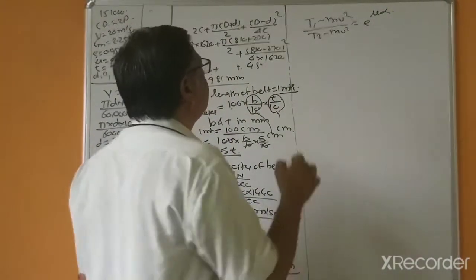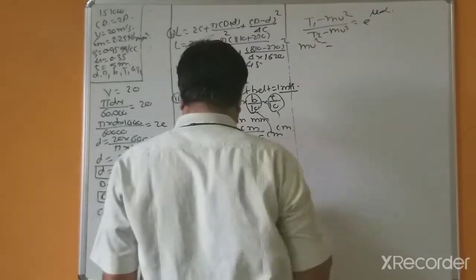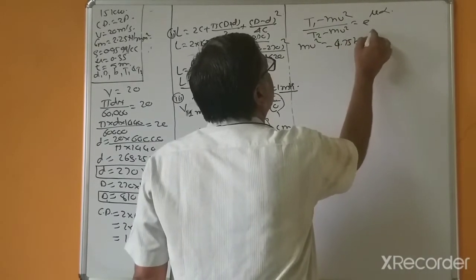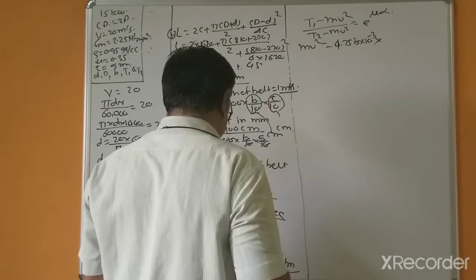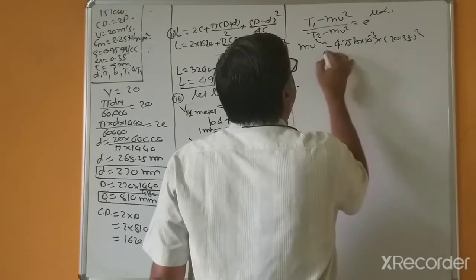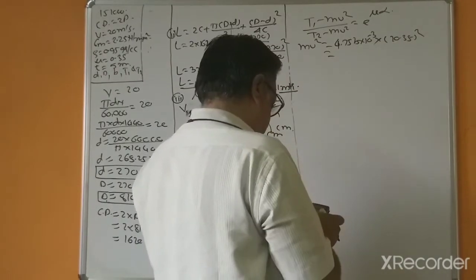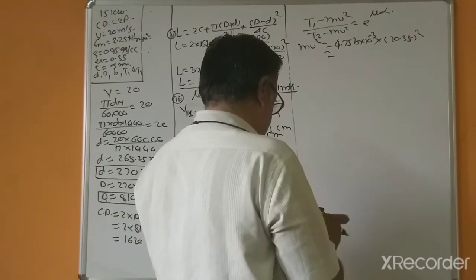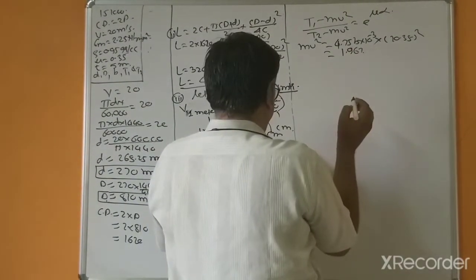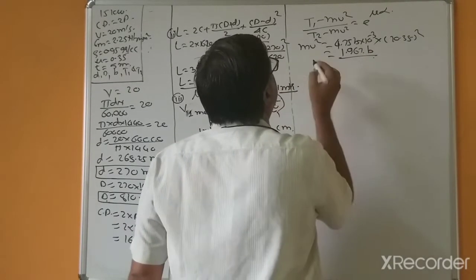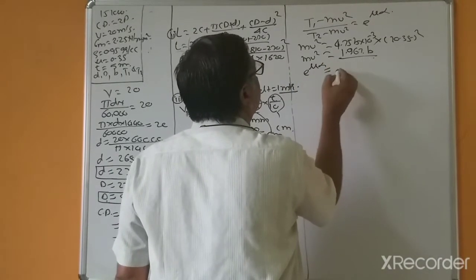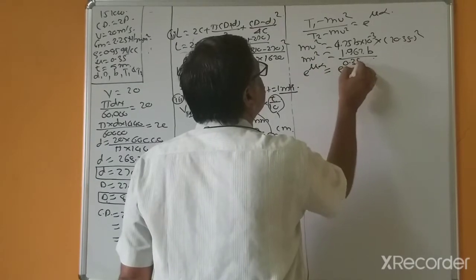So that's why we are calculating this. mv squared equals 4.75 B into 10 to the power minus 3, this is m, and v equals 20.35, so 20.35 squared multiplied by that gives 1.967 B. So this term equals that, and e to the power mu alpha.